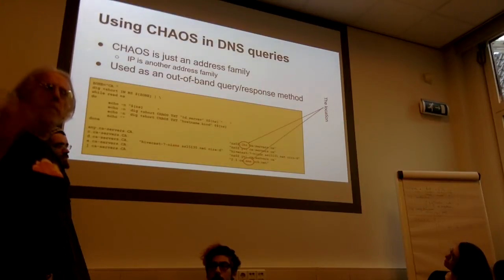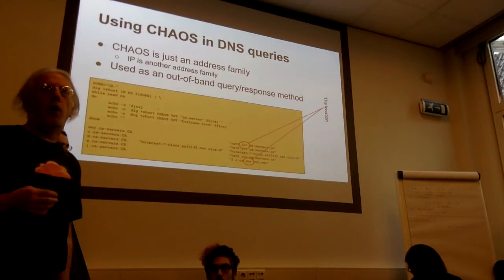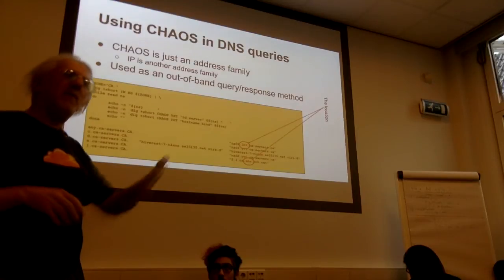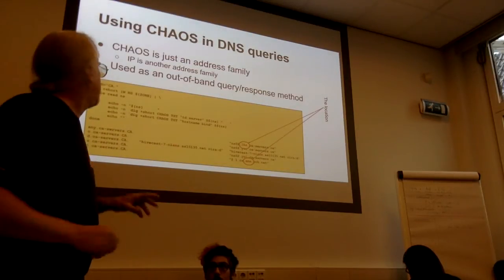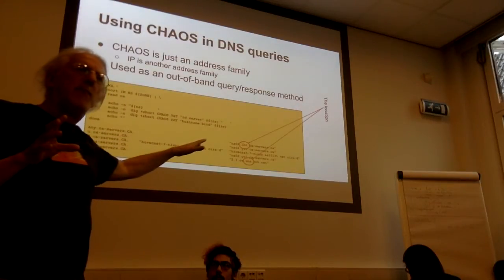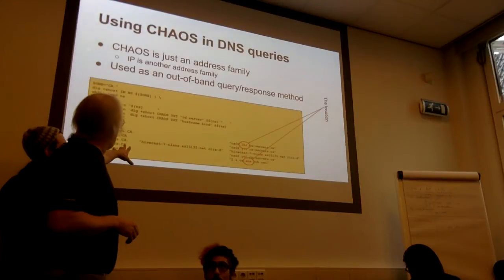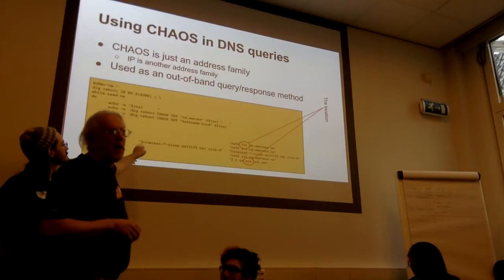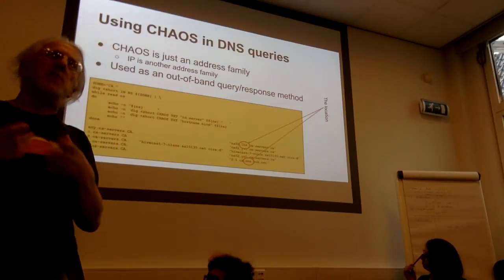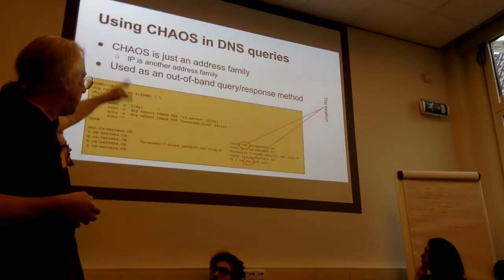A DNS query we all know about, IP address for foo.com, and you get back an A record or a quad A record. In the chaos world, we don't care about addresses, we just care about a text string. So what we have is this sort of pseudo out-of-band capability to query something and get back a name. Here's an example from the Canadian top-level domain, .ca, where the different servers generate or respond with different names. And you can grab the script and go play around with it.